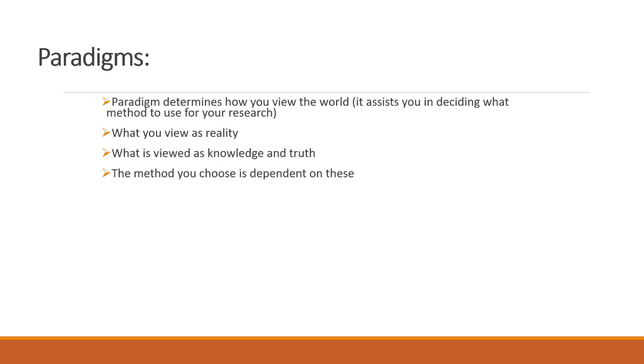And this is, again, going to be based on perhaps the kind of discipline that you find you are in. So your academic discipline as well. So paradigm determines how you view the world. And how you view the world assists you in deciding what method to use for your research.